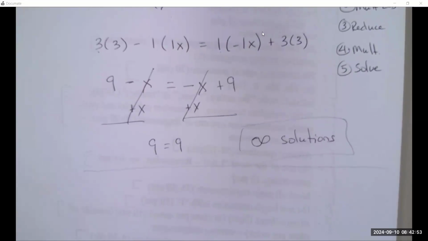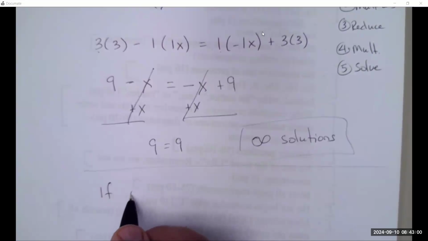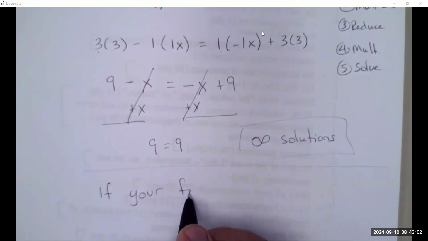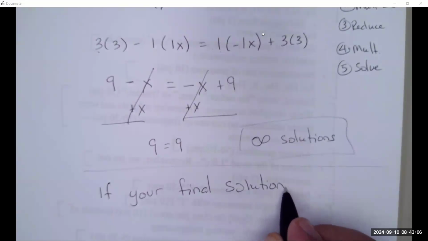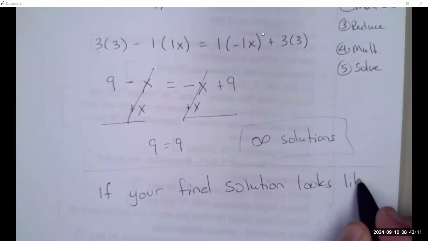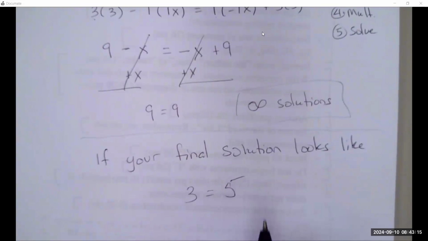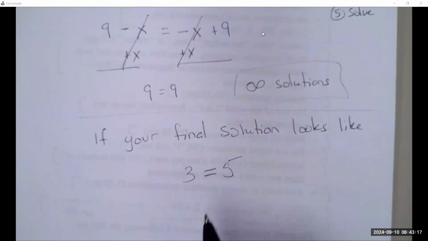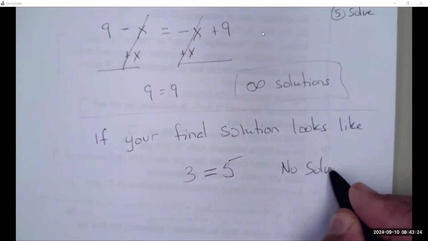If you end up where the x's cancel, but it equals something that's not equal, then there are no solutions possible.